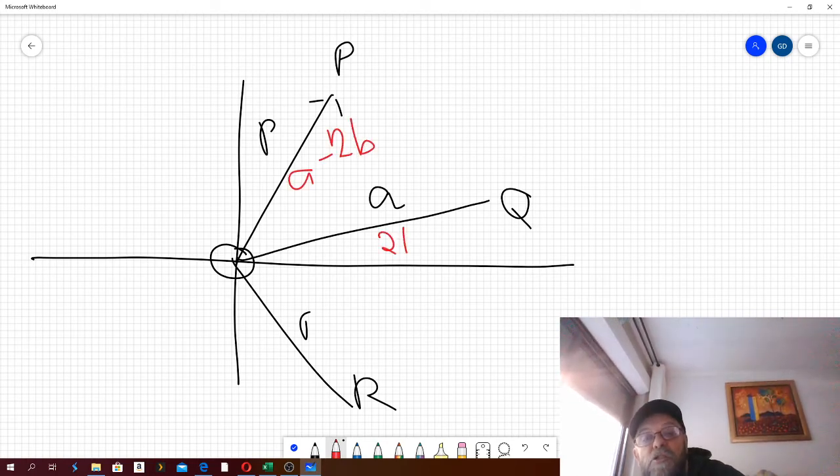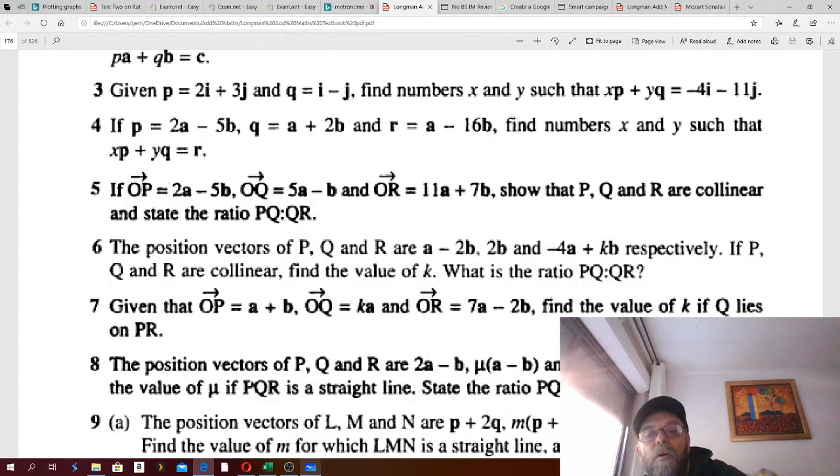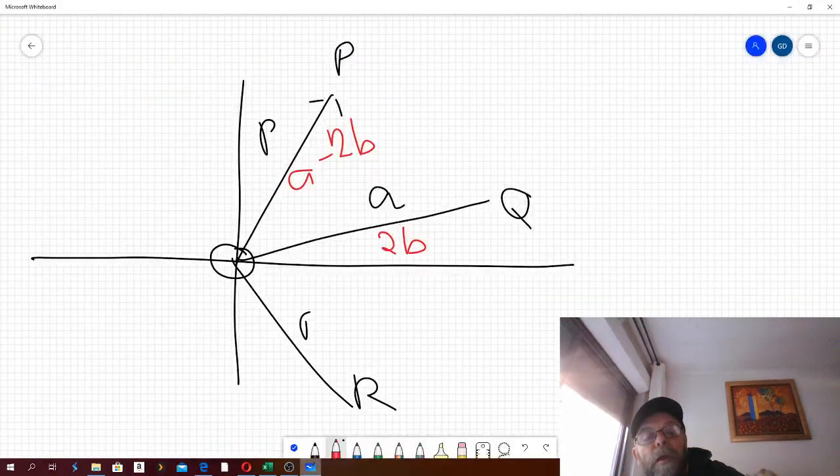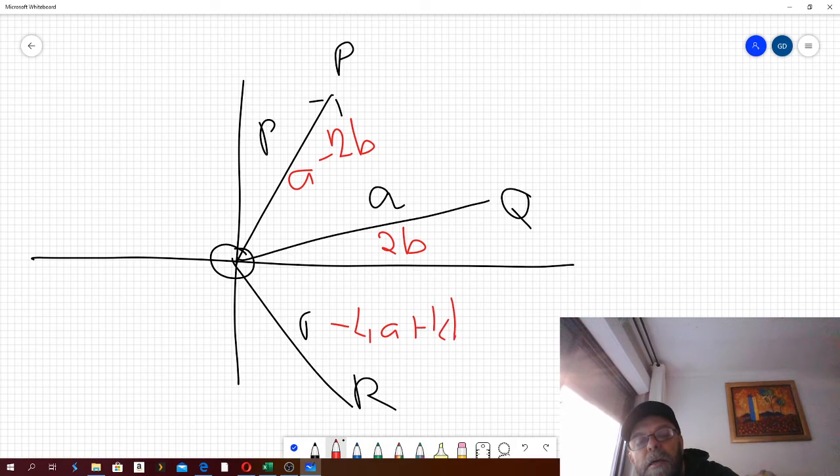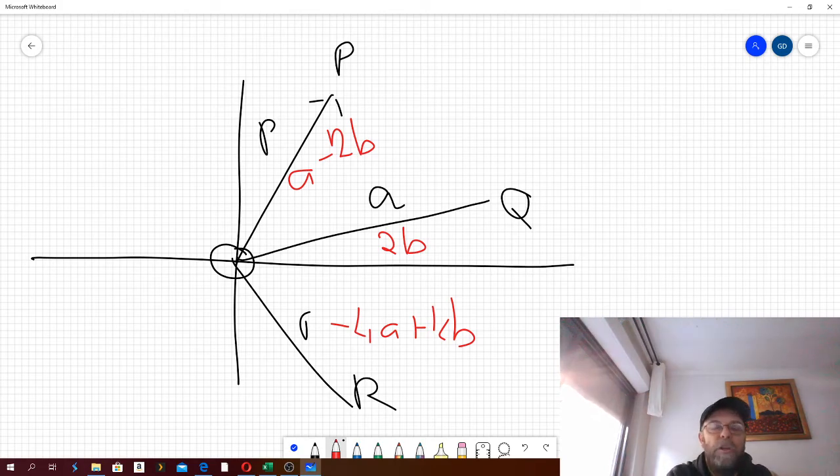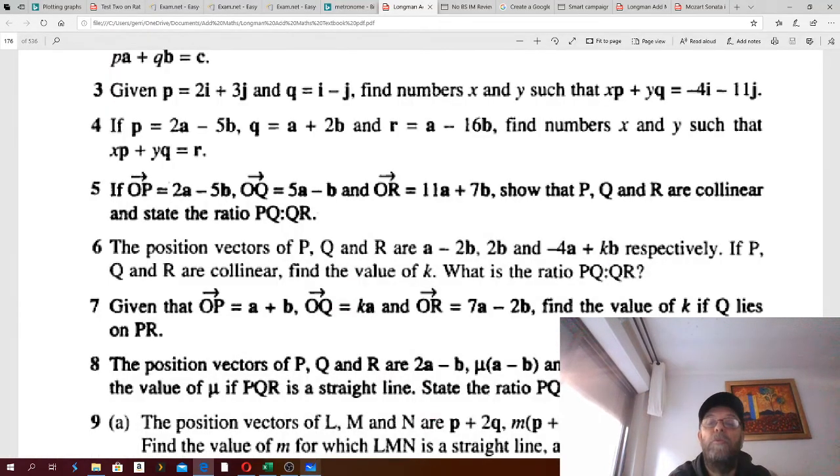This vector is just 2b, and the other vector was minus 4a plus kb. So now they've given these vectors in terms of a and b vectors, whatever a and b are. Again, we don't know, but we don't need to. We'll work out what they want from this.